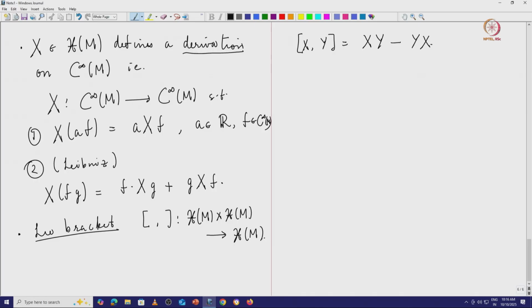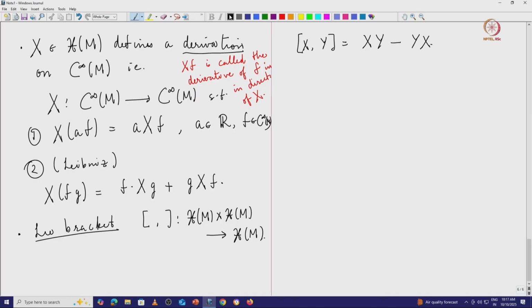So the nomenclature here is that Xf is called the derivative of f with respect to this vector field X. So in the direction of X.